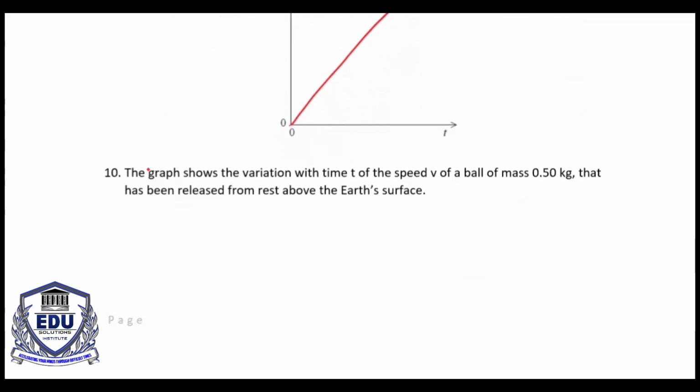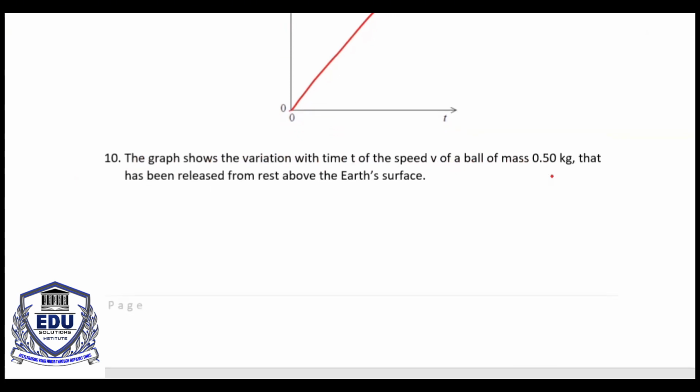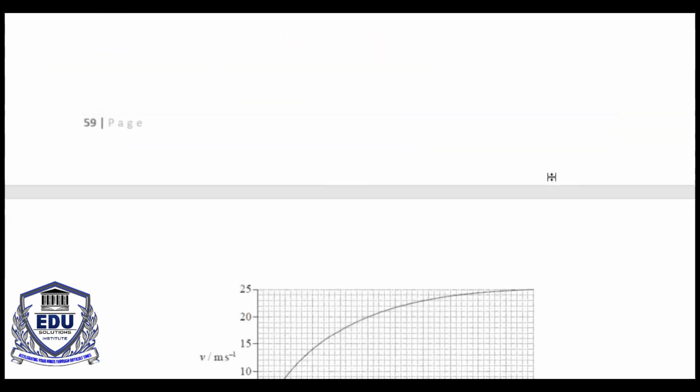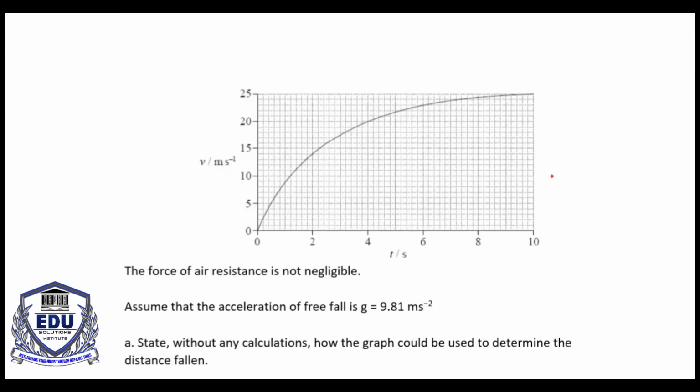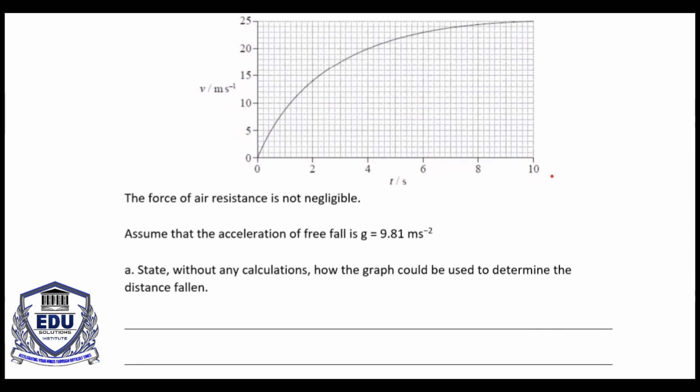All right. Next part: the graph shows the variation with time of the speed v of a ball of mass 0.50 kilograms that has been released from rest above the Earth's surface. The force of air resistance is not negligible. Assume that the acceleration of free fall is 9.81 meters per second squared.